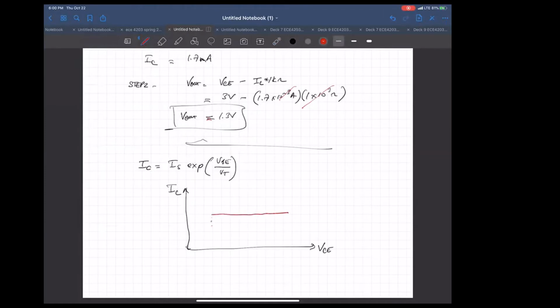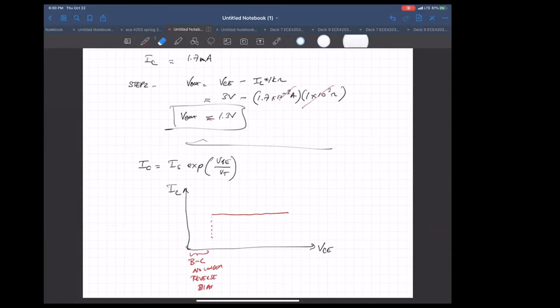At some point, this collector emitter voltage gets small enough that base collector is no longer reverse biased.